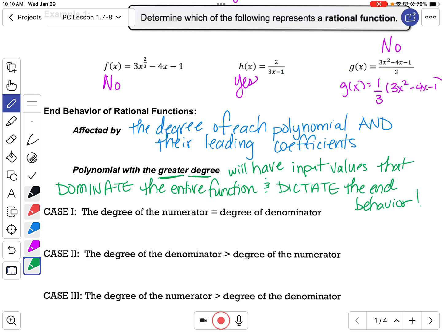So the polynomial with the greater degree, he's the boss. He dominates and dictates.